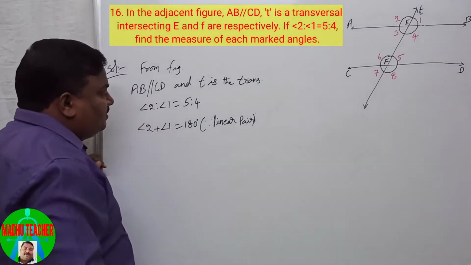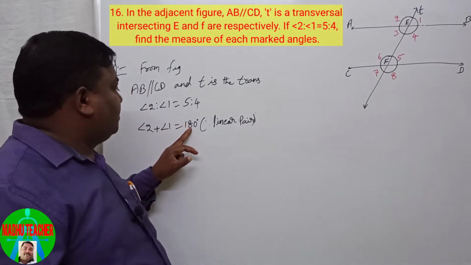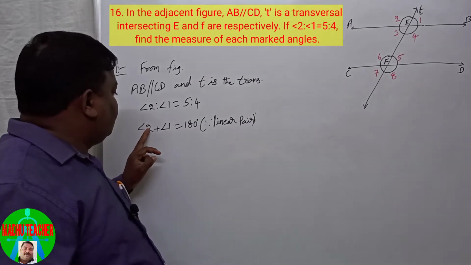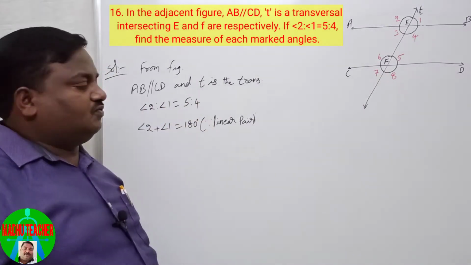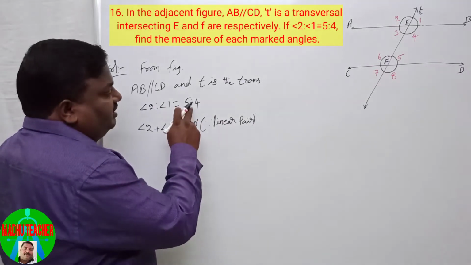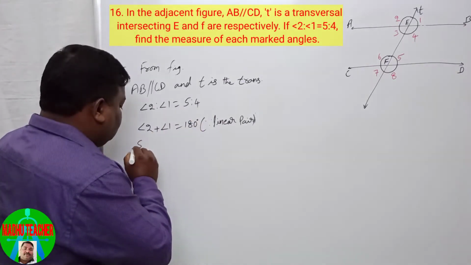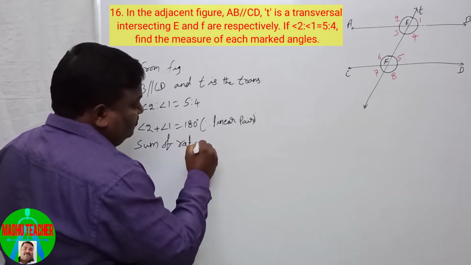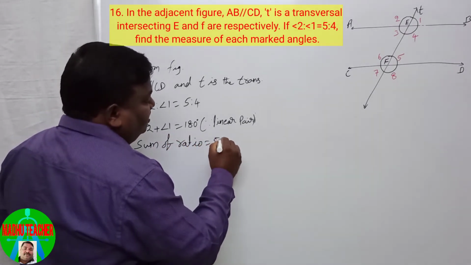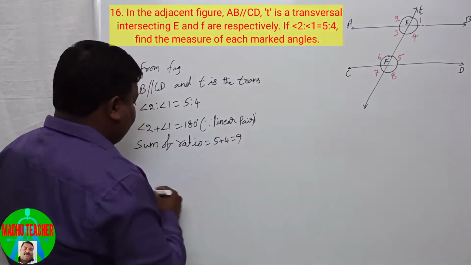So the sum of these two angles is 180. You have to divide these two angles in the ratio of 5 is to 4. To divide in the given ratio, you have to first find the sum of the ratio, equal to 5 plus 4, that equals 9.